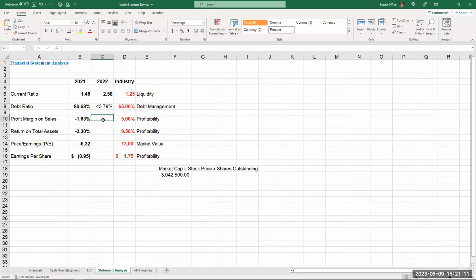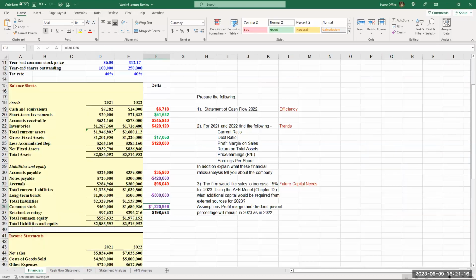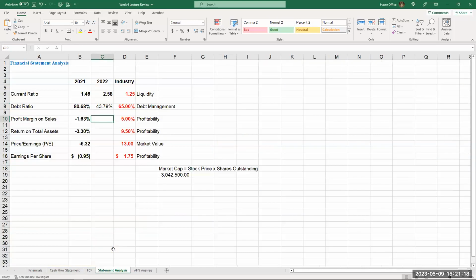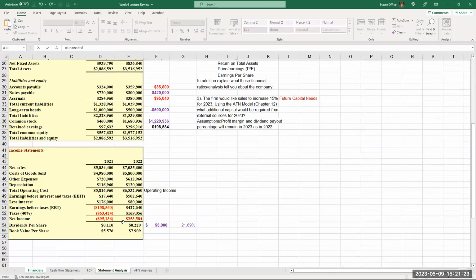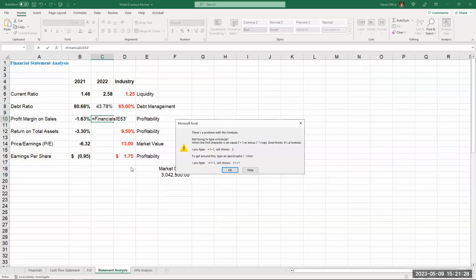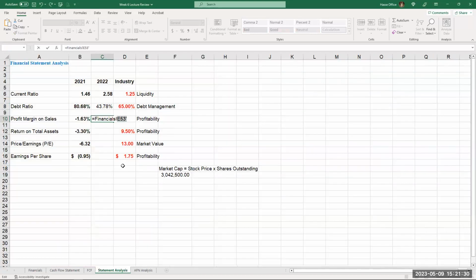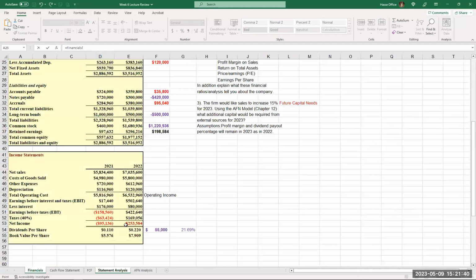The profit margin on sales, the relationship between net income and sales. So we go to our financial statements, net income divided by sales.